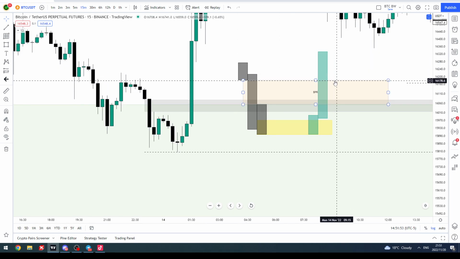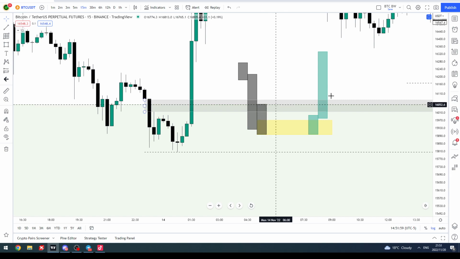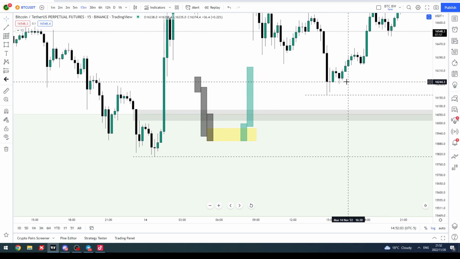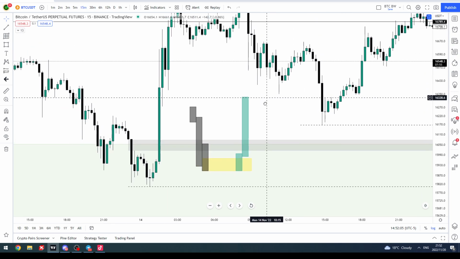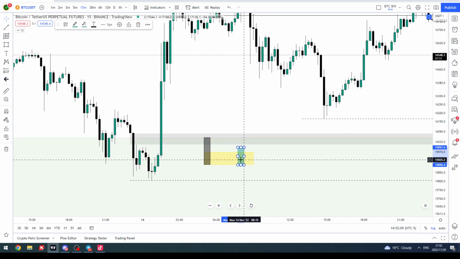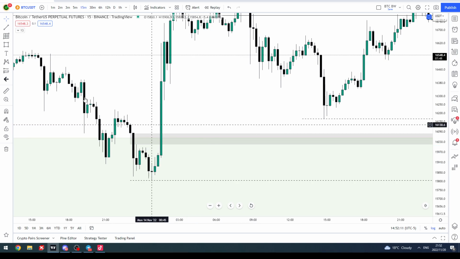So this is where I would actually look for price to come into when BTC gets to that level that you were talking about. So you're going to see that there may be a point here where it fills entirely that fair value gap.